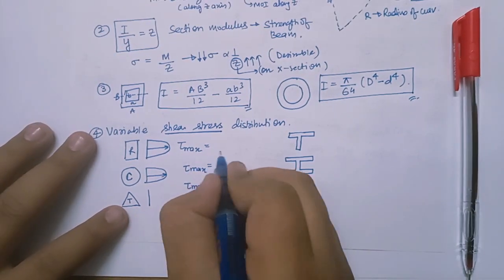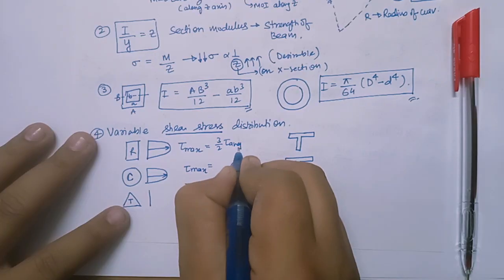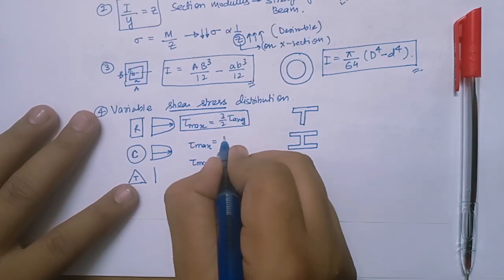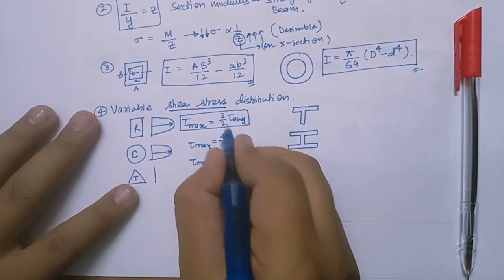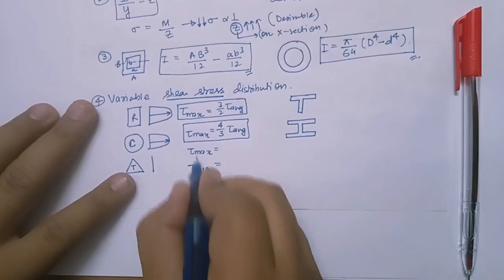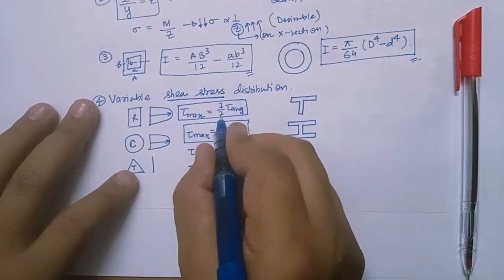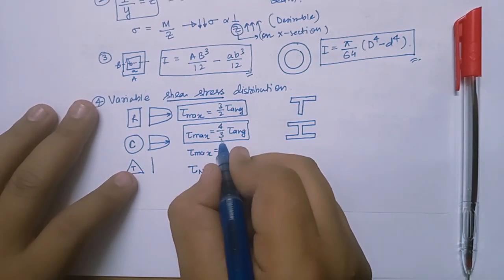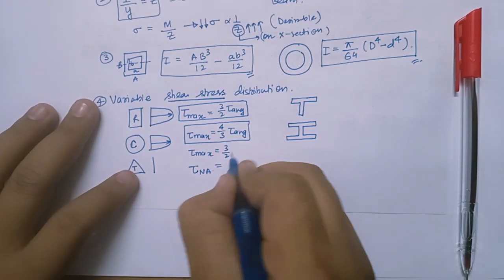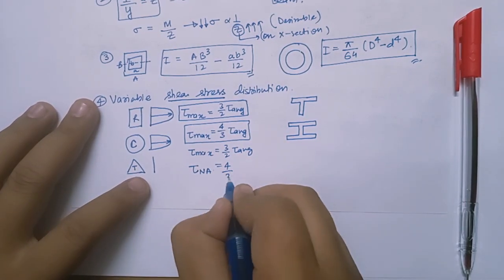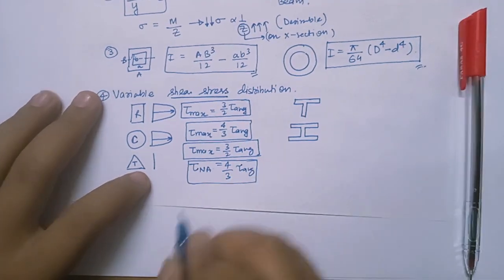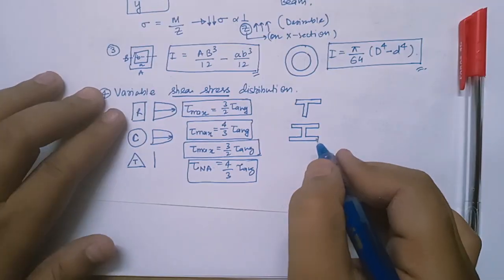For tau max, rectangle is 3 by 2 tau average, circle is 4 by 3 tau average, and triangle is 3 by 2 tau average. Which is maximum? This is 1.5 and this is 1.33, so 3 by 2 tau average is maximum, and the leftover part is 4 by 3 tau average, tau about the neutral axis. Okay, RCT, just learn this: rectangle, circle and triangle.